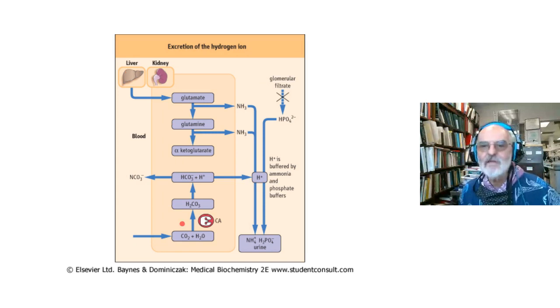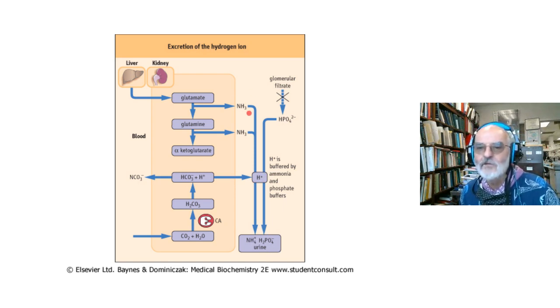The excretion, as I've just said to you, occurs by protonated ammonia or protonated phosphate, and this is what usually goes into our urine. This is the usual carrier of the protons that we're getting rid of, the non-volatile acid that we're getting rid of.